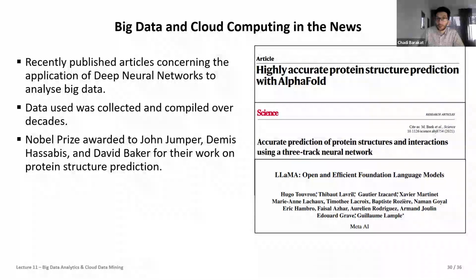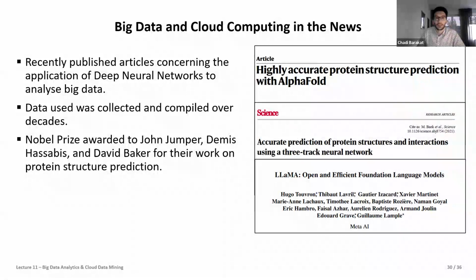If you've also been following the news, the lab directors of the places where these papers were written and these results were developed were awarded the Nobel Prize for Chemistry for trying to solve the protein structure prediction problem, which has plagued scientists for the last 50 years, I think.